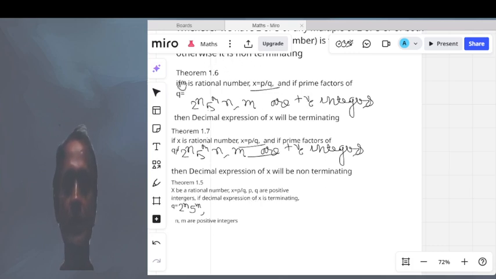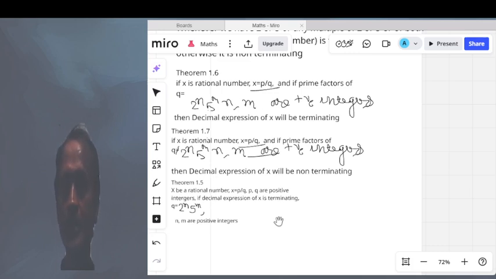We can now see how these theorems help us find out whether the decimal expression of any rational number will be terminating or non-terminating. We simply look at the denominator q and find out whether the factors of q contain only 2 or 5 or both, then it is terminating.